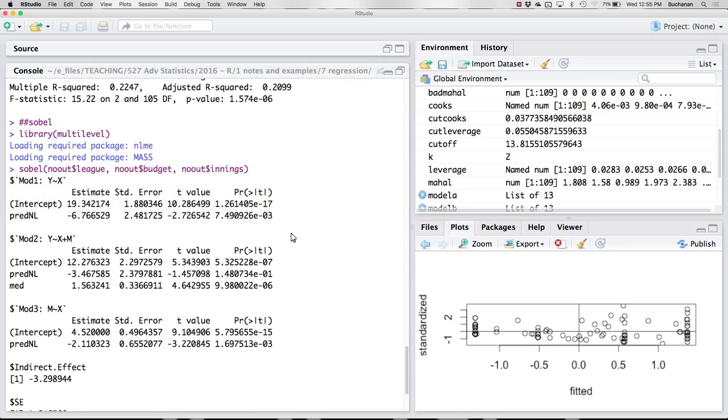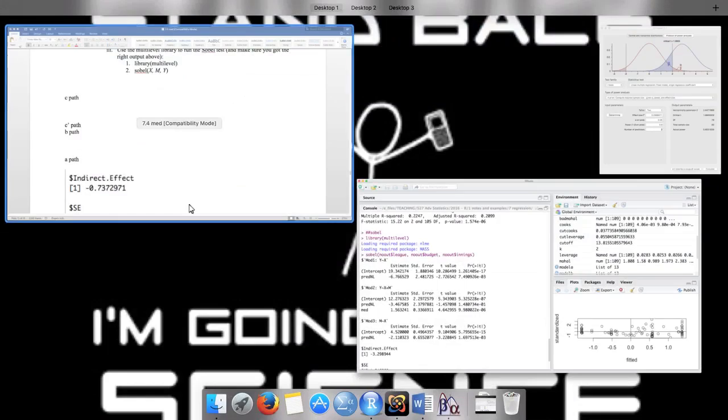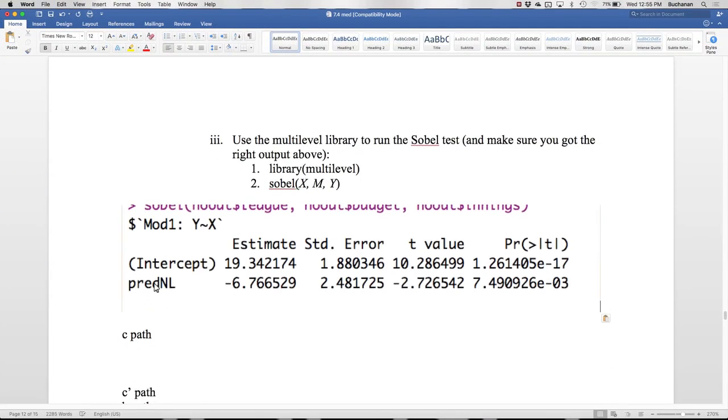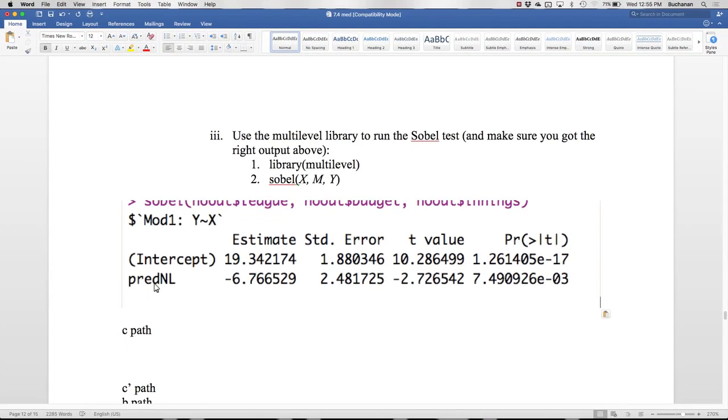X, M, Y. Let's make sure we get the right answers. So the first thing you'll get is the C path. Let's make sure it's the same number, 6.77. Good. So it shows me that I ran that first step right, but it doesn't give you a model summary. So that's why we didn't just use this.